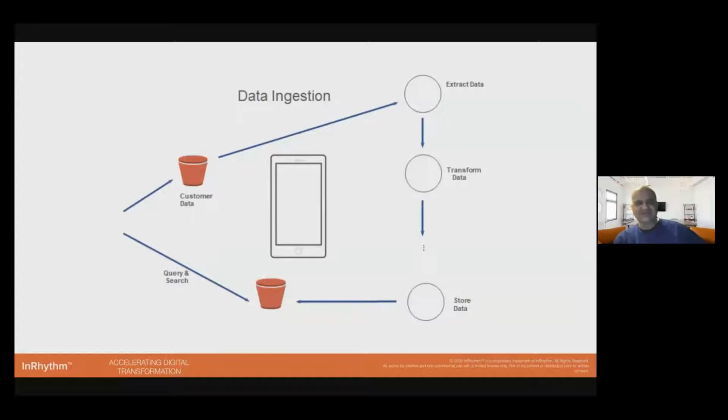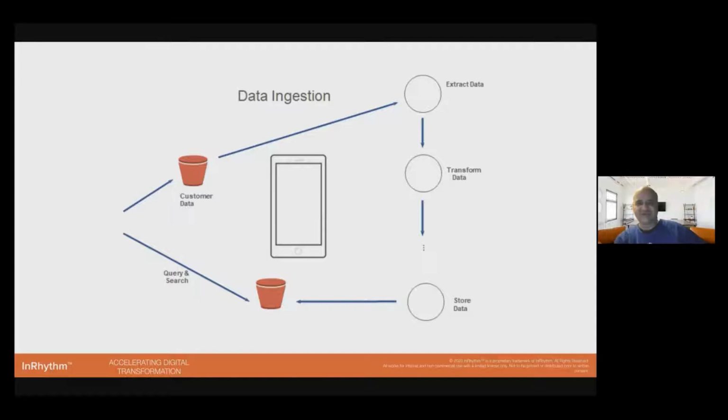Just to keep things simple, we have two buckets here. One bucket starts with loading the customer data. We extract it, we transform it, we store it. After that, we could use Athena queries to query the data, or it could have been a database. The extract need not be a bucket itself.